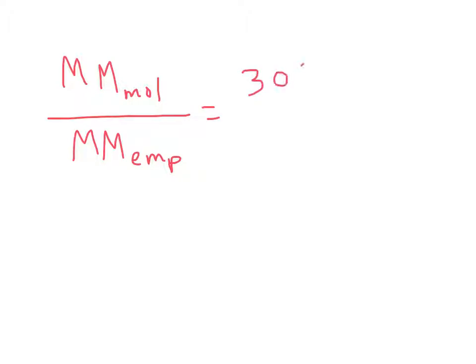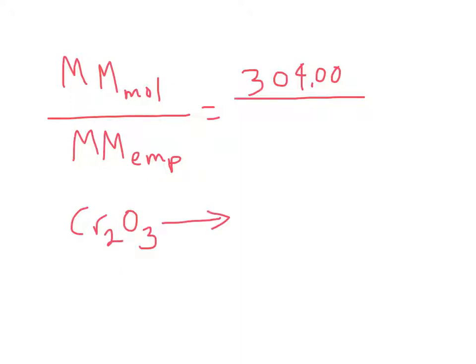So that's 304.00. And the molar mass of the empirical formula, remember, we figured out the empirical formula to be Cr2O3. And I'm calculating out here a molar mass of 152. So I'm going to put 152 right there.